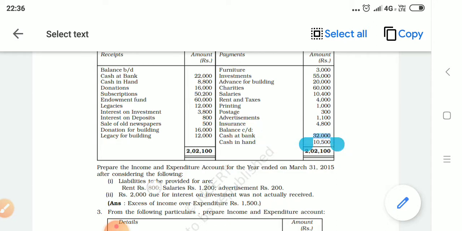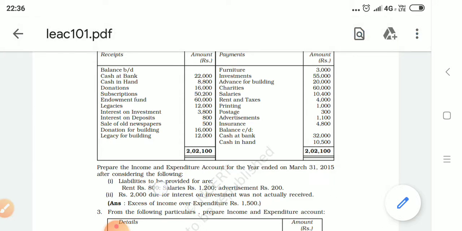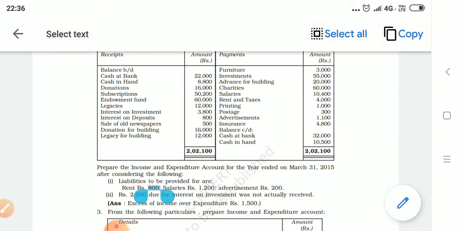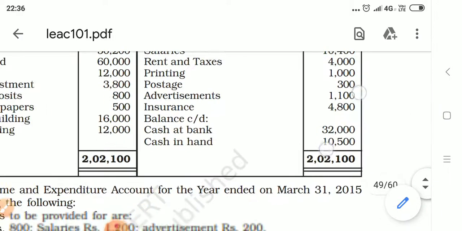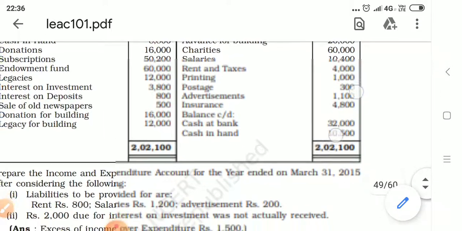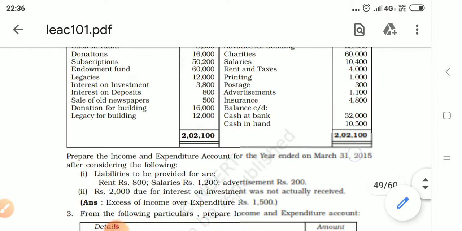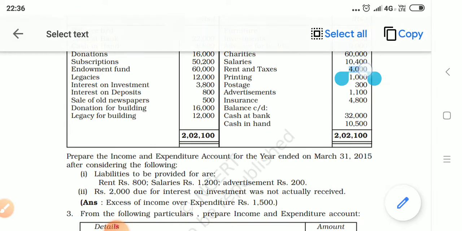Now coming to the adjustments, rent, salary outstanding, advertisement outstanding, all these have to be added with the respective expenses in the expenditure side. So in the expenditure side you are supposed to show 4,000 plus 800, 4,800.